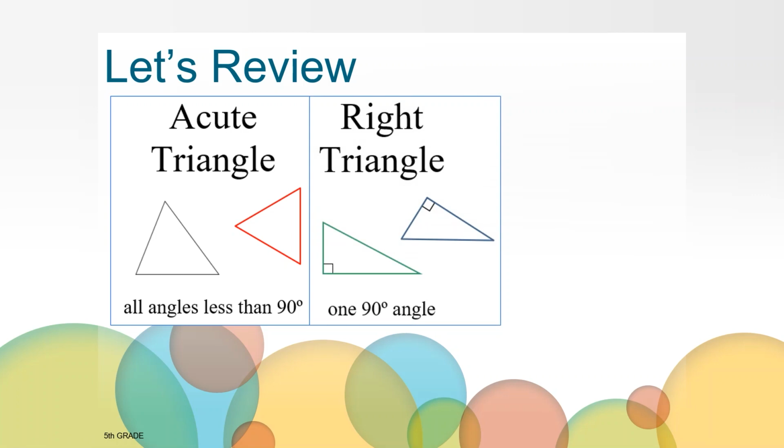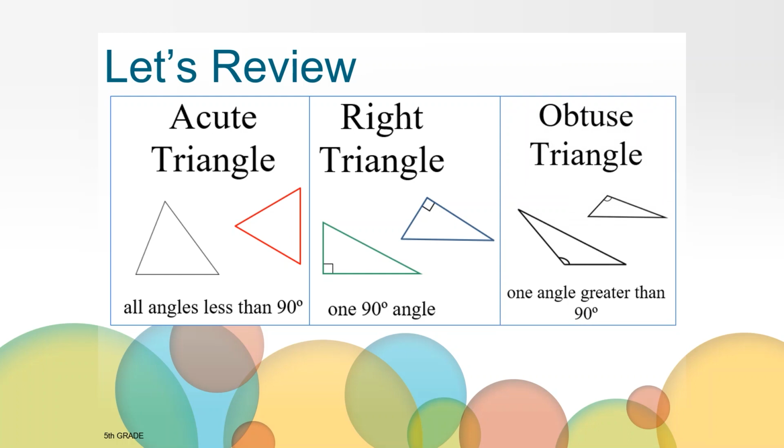If the triangle has one 90-degree angle, then it is a right triangle. And if the triangle has one angle greater than 90 degrees, or an obtuse angle, then the triangle is called an obtuse triangle.